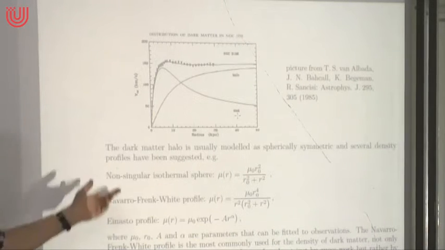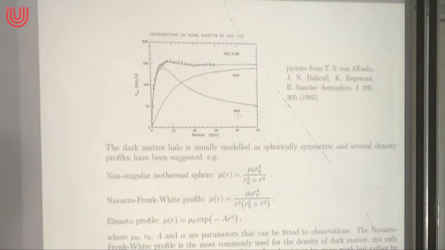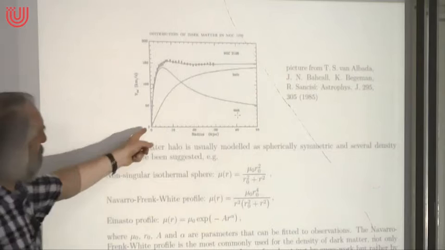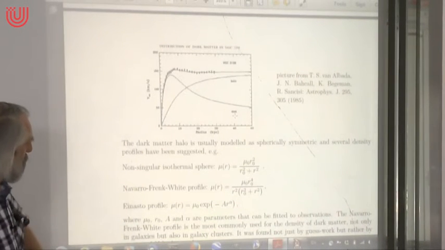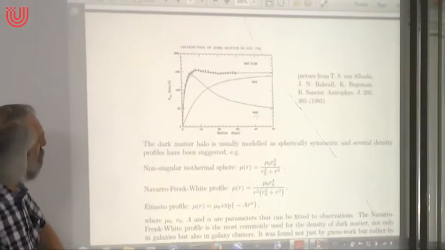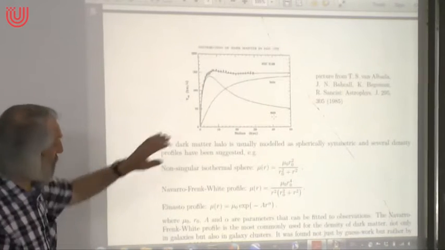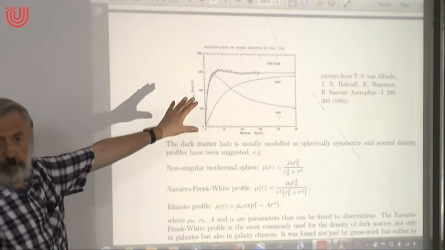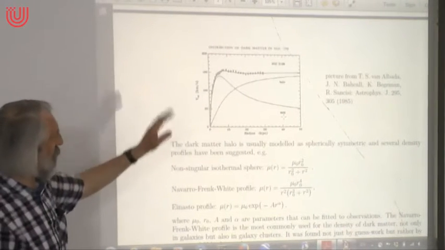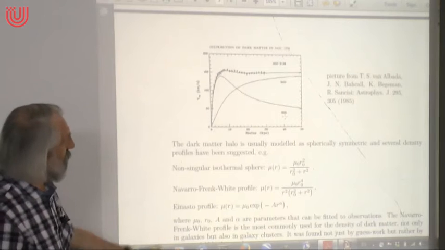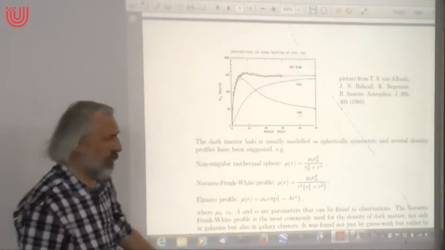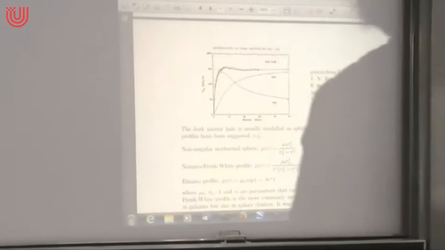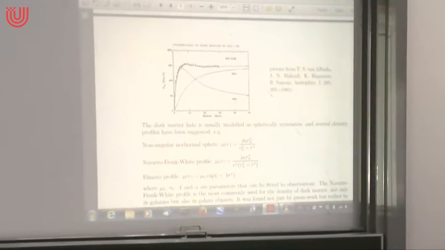And I've also given you some profiles which are frequently used for the density in this halo. The most important one is the Navarro-Frenk-White profile, which is written here. And there are many, many of such rotation curves. This has been done for a very large sample of galaxies, and the general feature is more or less every time the same. So this was the first thing which I wanted to illustrate with a picture.